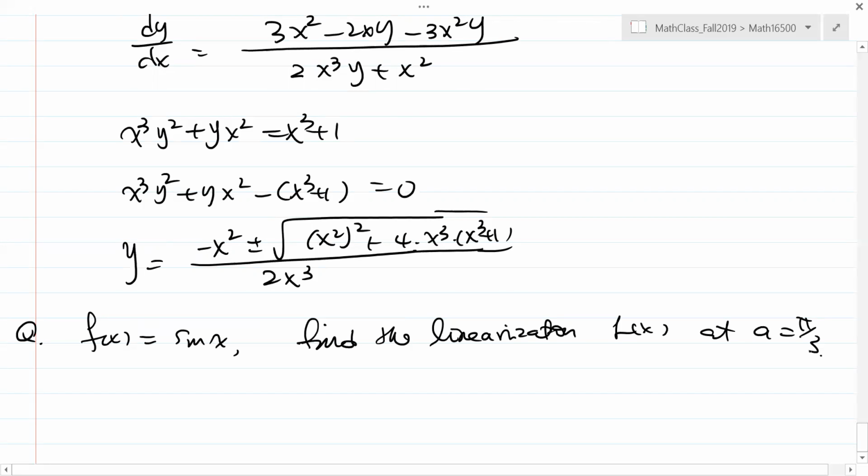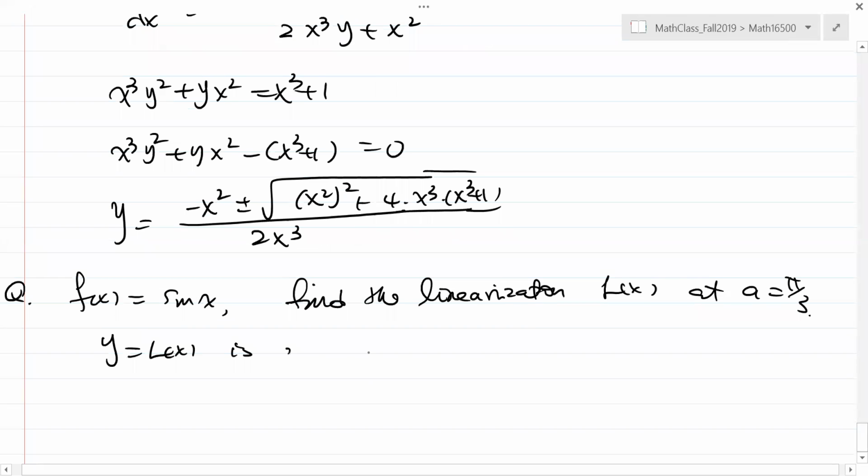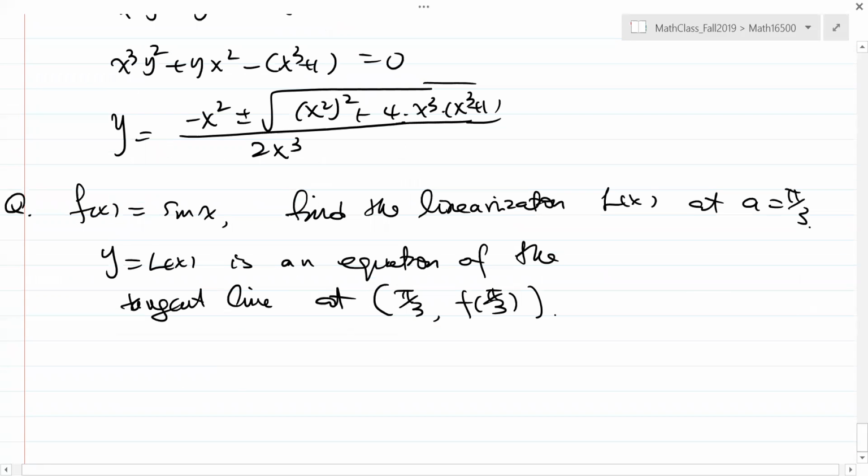The so-called linearization, you should know, is in fact the equation of the tangent line at the point x equals pi over 3, and f of pi over 3. So this is actually an equation of the tangent line. In other words, if you are able to find the equation of the tangent line, you can find the linearization of the function.